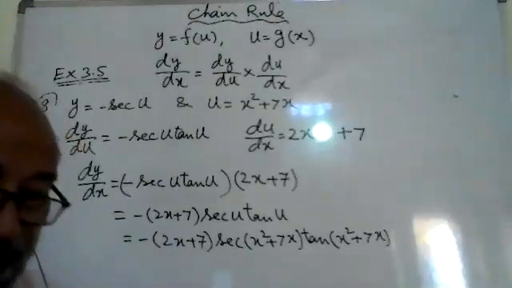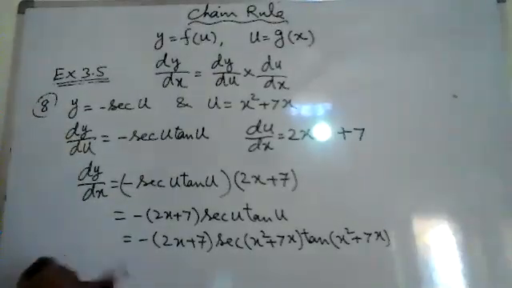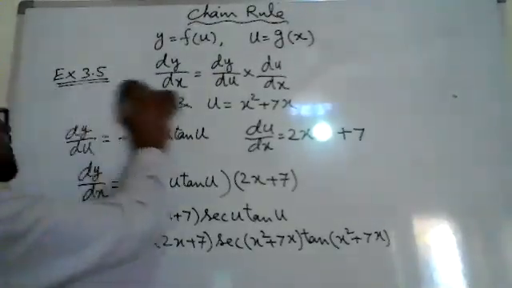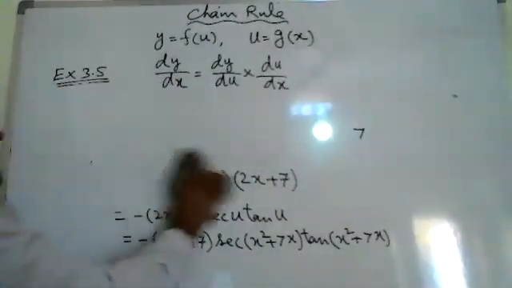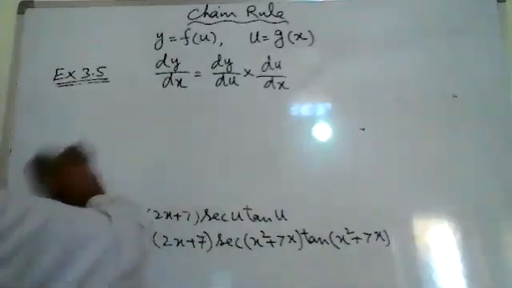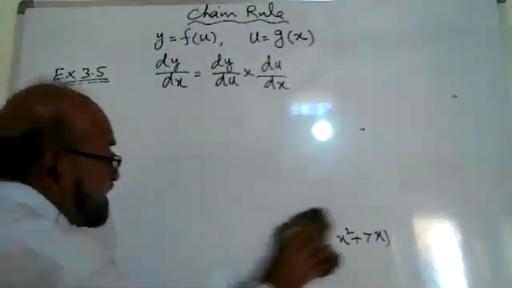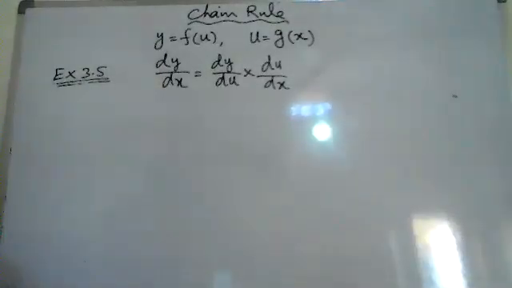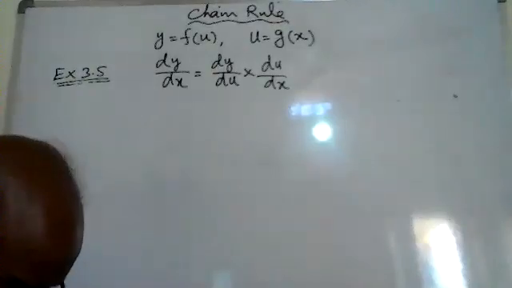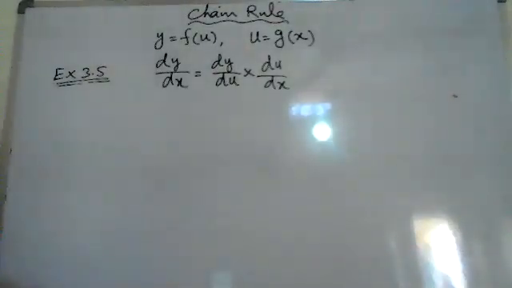You may do it directly, as we have already done directly, but here we learn how to use u. If you do it directly, that is also the chain rule. Question number 9: 2x plus 1 raised to power 5.